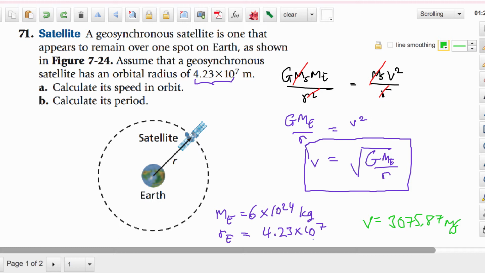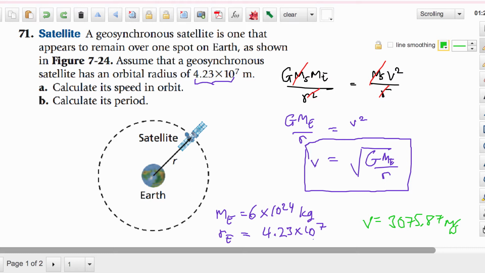Did you just do pi times r? Whoops, it's 2 pi r, right? I forgot that.